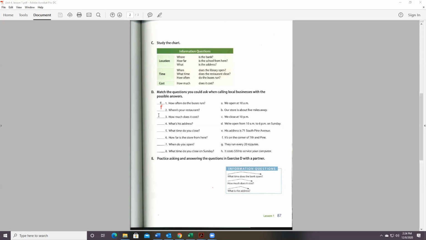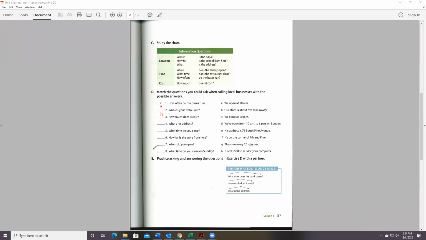Okay, that one's pretty easy, right? Fácil. We have H. It costs $50 to service your computer. Okay, so I want you to do numbers 4, 5, 6, 7, and 8.